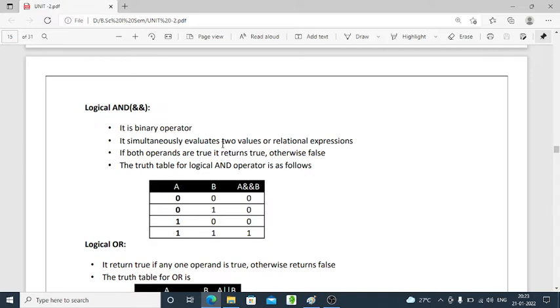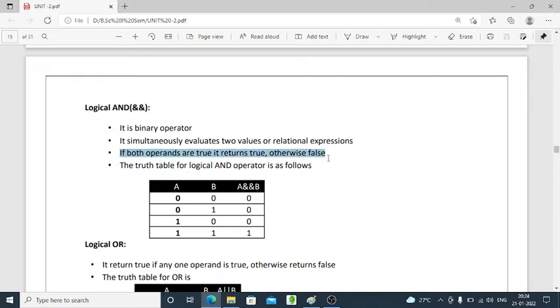Arithmetic operators also work on two operands, hence they are also known as binary operators. This logical AND operator also works on two operands, hence it is known as a binary operator.